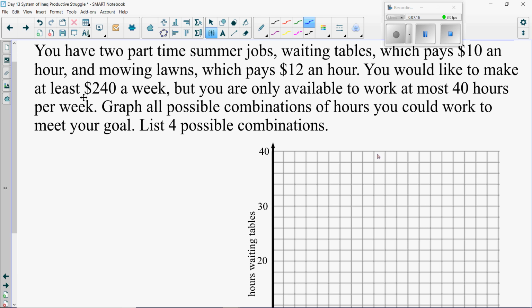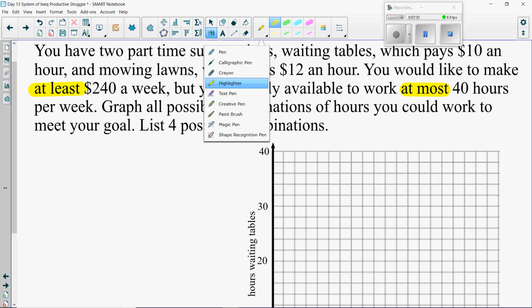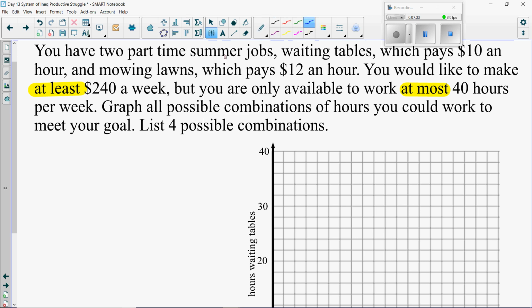So, first thing that jumps out to me are these phrases at least and at most, right? That's what's telling me, okay, this is going to be an inequality, a system of inequalities. And then just like the system of equations, first thing we want to look for are variables.